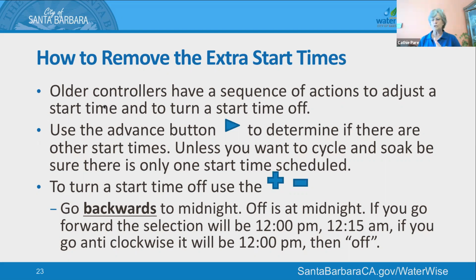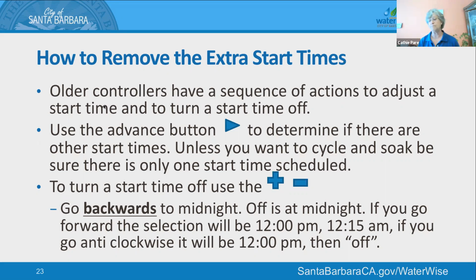If you have 2 start times, it knows you want to water that program and all the zones in that program twice. So it's going to start at 6 a.m., water all the different stations within that program, and then come back sequentially and water all those programs again.